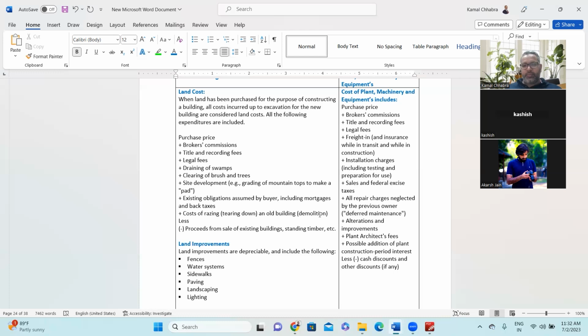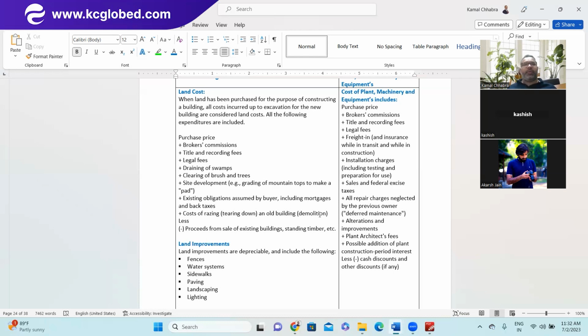Any doubt so far? No, sir, clear. Site development, existing obligations assumed from the buyer, cost of razing, that means cutting down the trees and all those things, minus the proceeds of sales of existing building or standing timber.